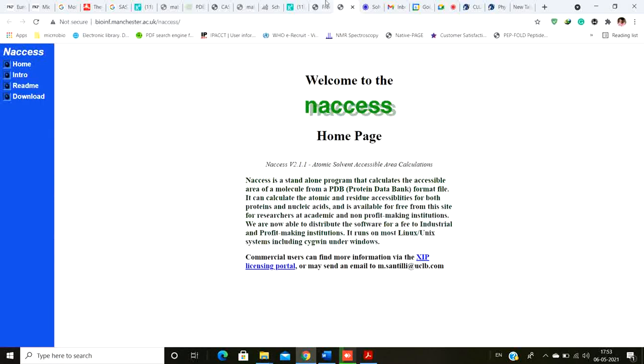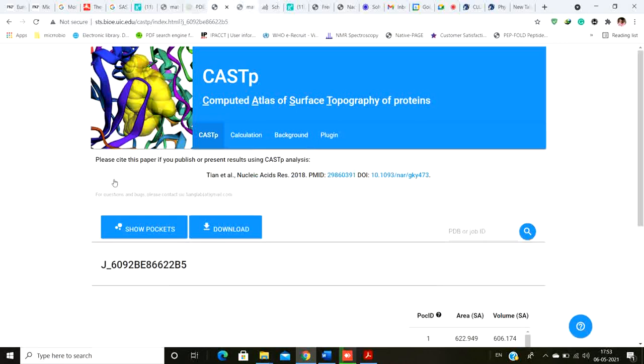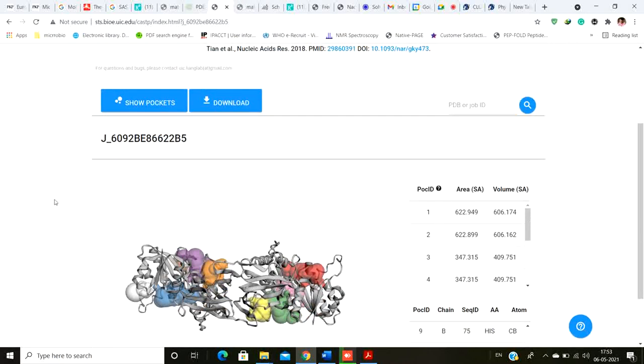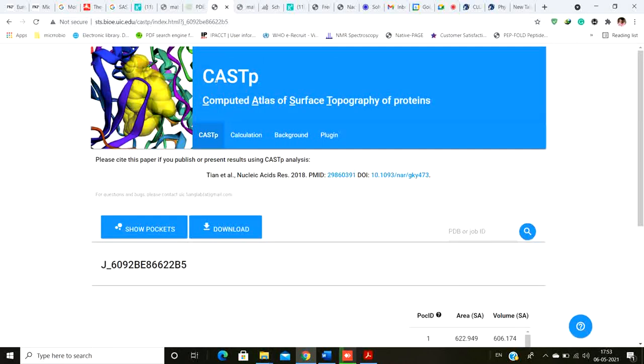There are various servers that are used for calculating the solvent accessible regions. CASTp is one of the servers that can be used to calculate the surface topography of a protein.